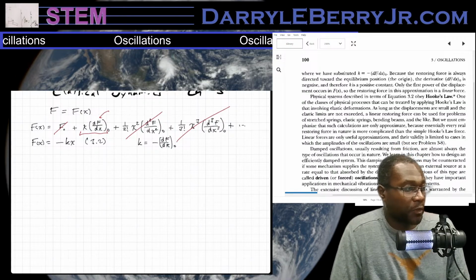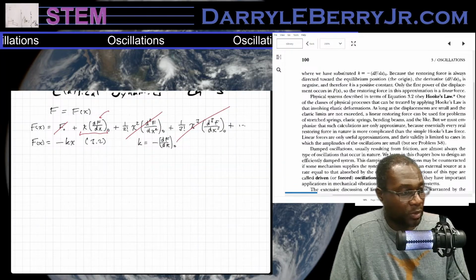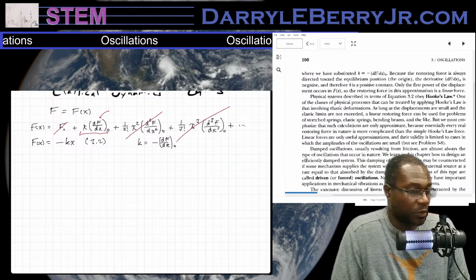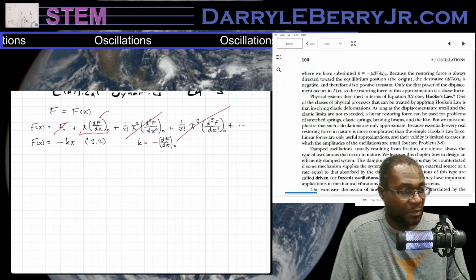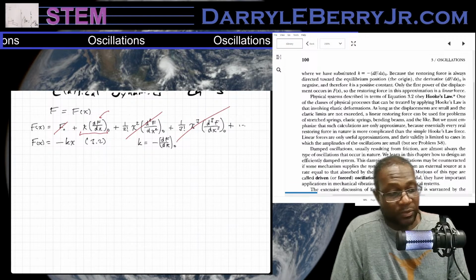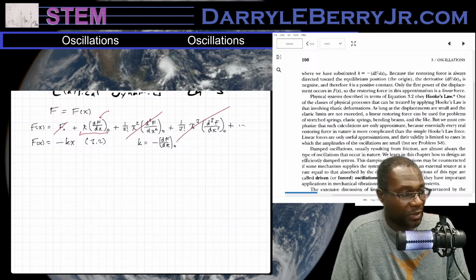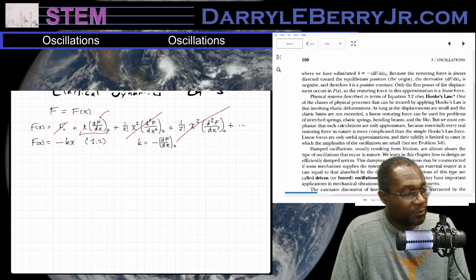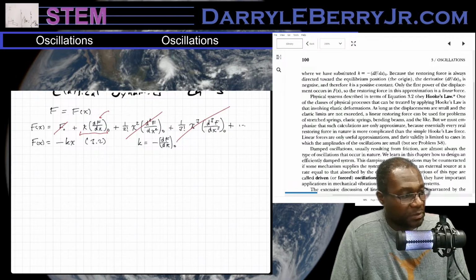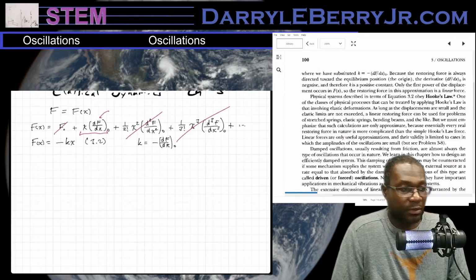Because the restoring force is always directed towards equilibrium, the origin, because it wants to go back to the point where there's no force acting upon it. So the farther away you get from the equilibrium, the more force is acting on this oscillatory thing. The derivative df/dx at the origin is negative, and therefore K is a positive constant. These negatives always trip me up a little bit.